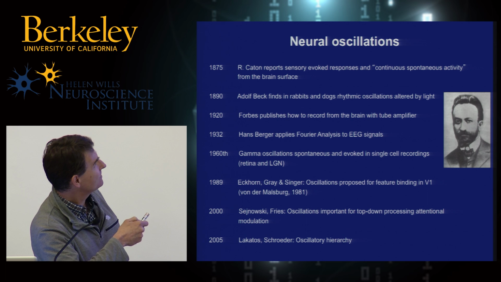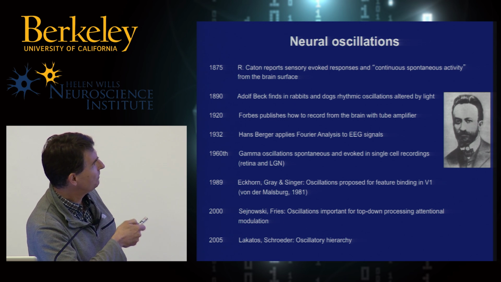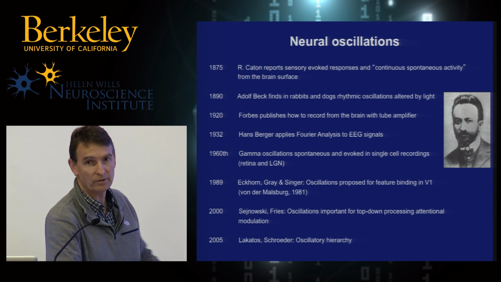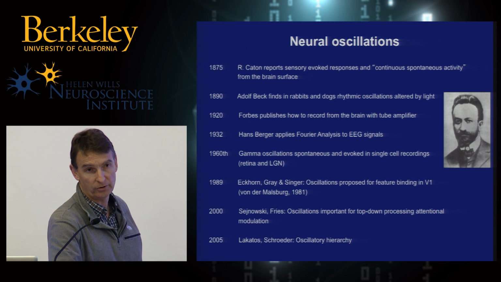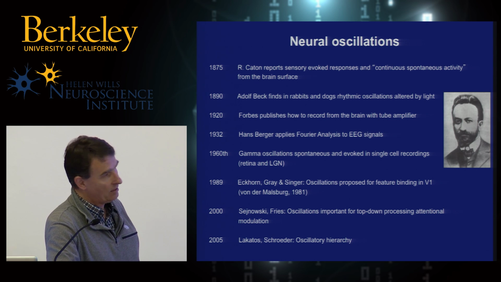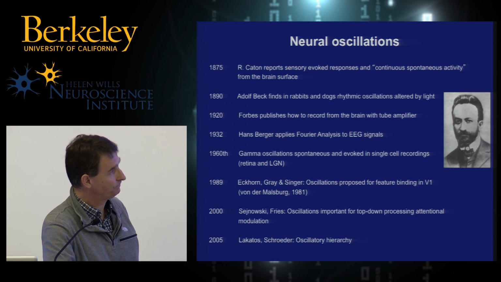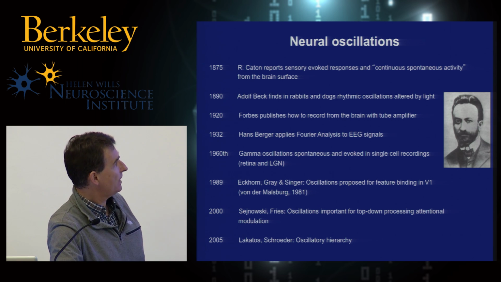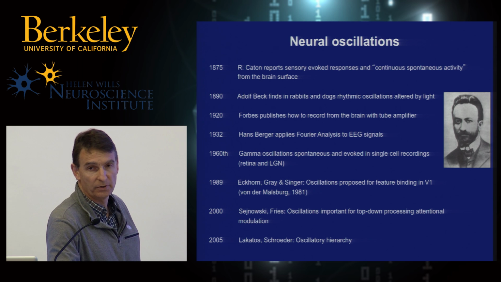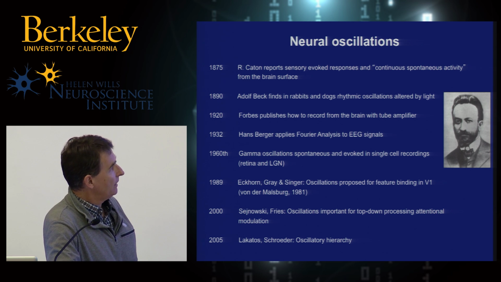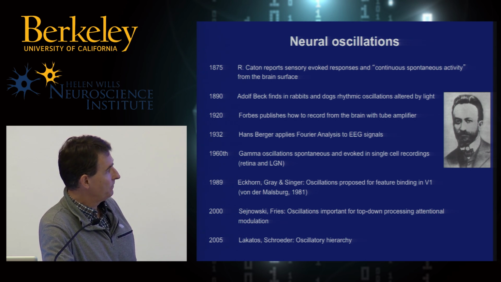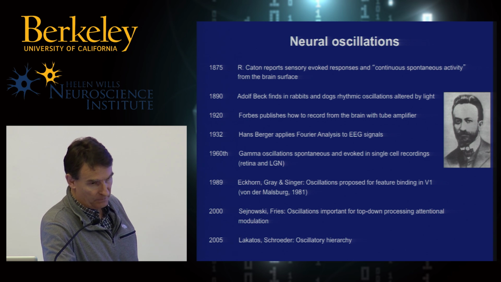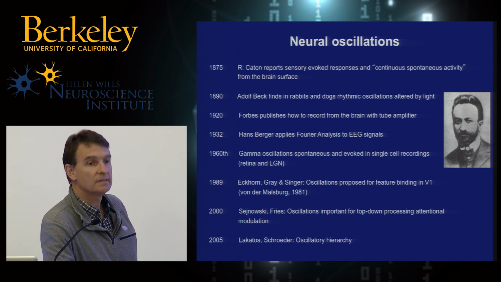It started in 1875, when Adolf Beck examined, without having access to electronic amplifiers, and found ongoing rhythms in brains and also event-related potentials. And of course, since then, rhythms have been observed all over. They are in the periphery, they are in the retina, they are in cortex. They are on many different temporal scales.